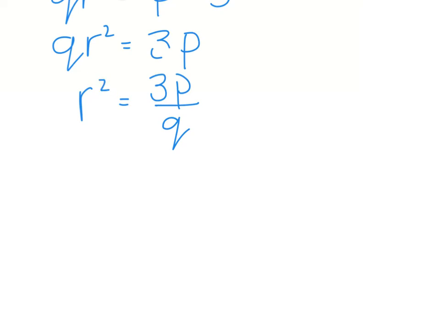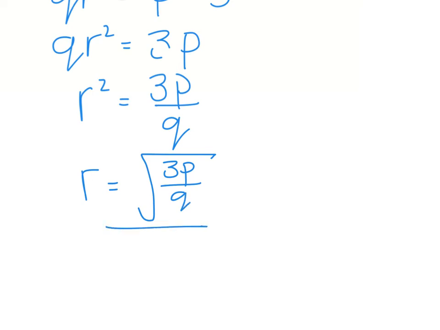So when we take squared over onto the other side, it once again does the opposite, it will square root. So that then gives us R equals the square root of 3P over Q. R is now the subject of the formula, and that means our question is over.